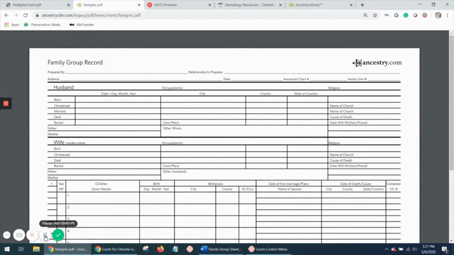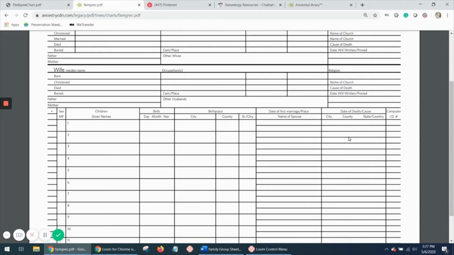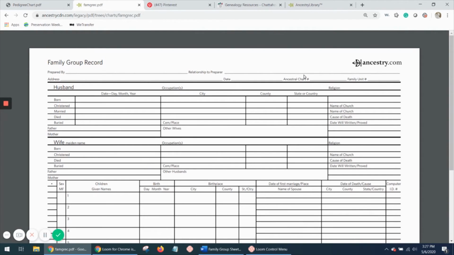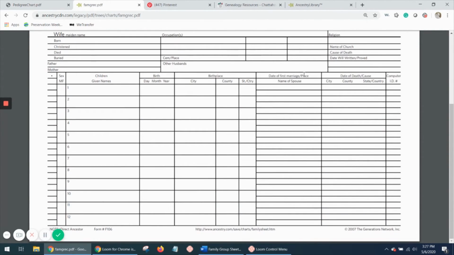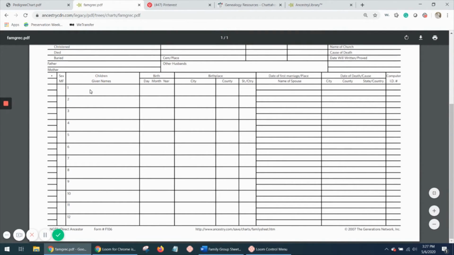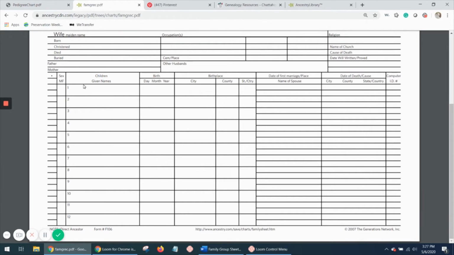Now, the other information on this sheet, things like the cemetery where your ancestors are buried, any other marriages, their religion, the name of their church, things like that. There's room for that for, in this case, your grandmother and your grandfather. And when you get down to the lower part, this is where you're going to enter all your cousins from that family unit. Be sure and put the oldest one first, and number 1, second born here.